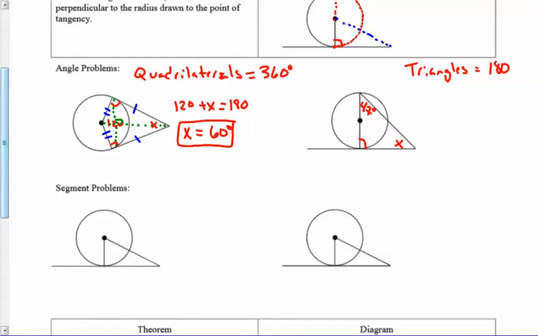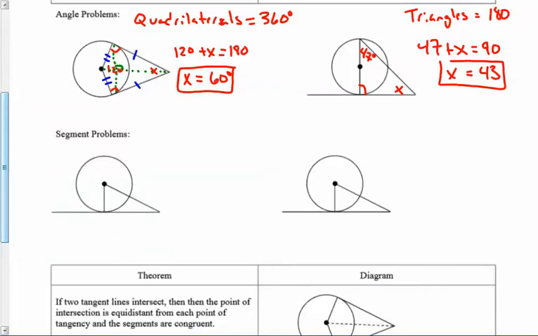So that means that 47 plus x has to equal 90. So I've already got a 90 here, so I need 90 more. So x has to be worth 43. And those are the types of problems that you'll have to deal with when you're working with angles and tangents.